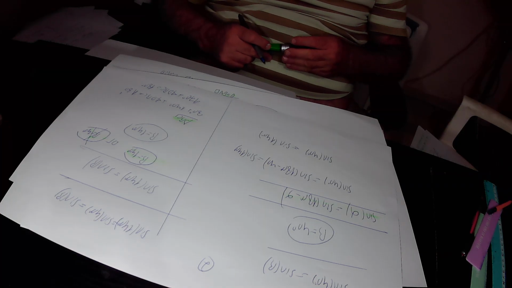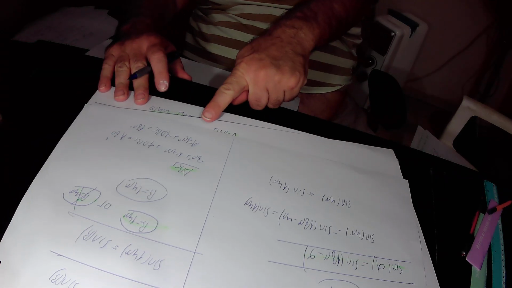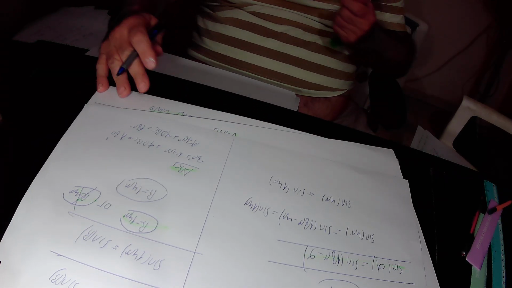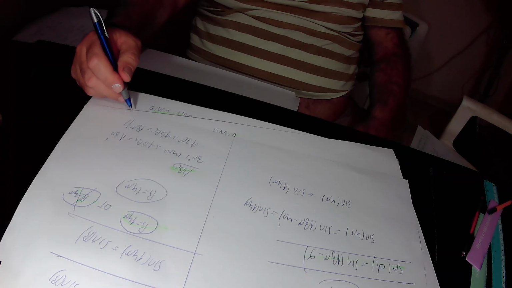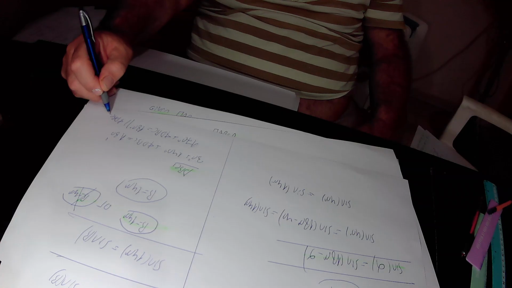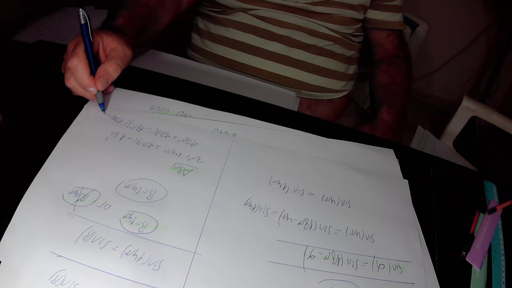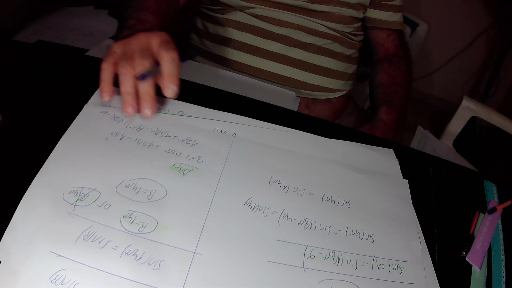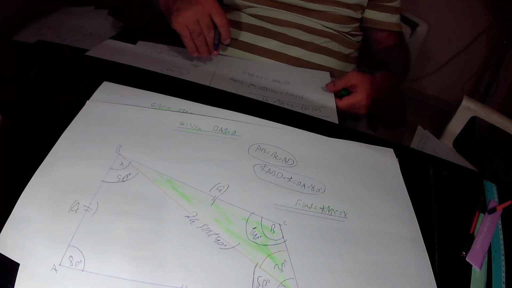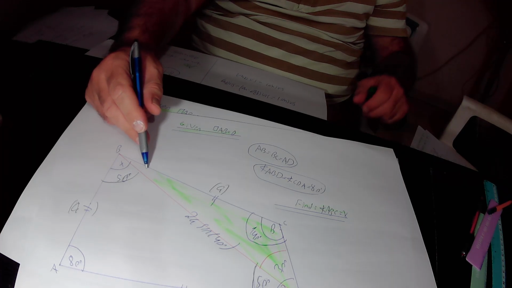Here we subtract 170 degrees from this equation, and we get that the missing angle DBC is equal to 180 degrees minus 170 degrees, which is 10 degrees. So the missing angle DBC is equal to 10 degrees in size.